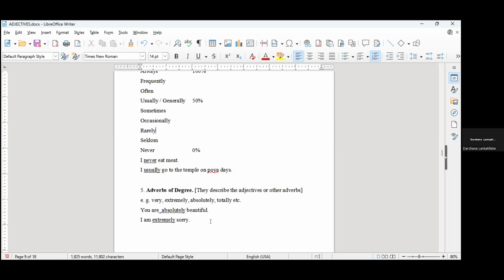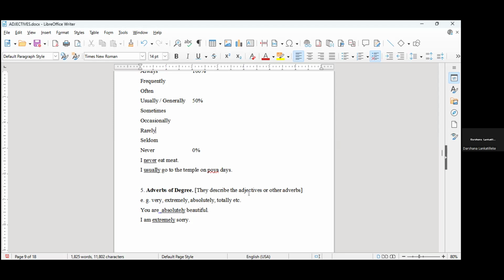For example, you are absolutely beautiful. Beautiful is an adjective here, and are is the verb. You are absolutely beautiful. So absolutely tells us how much.